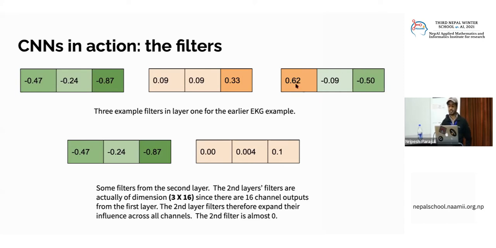Yeah, that's correct. The last one is like an edge detector. Why? Because this is a stronger positive value and this is a stronger negative value, and here it's almost zero, right? So this will do edge detection. This maybe does a little bit of smoothing.